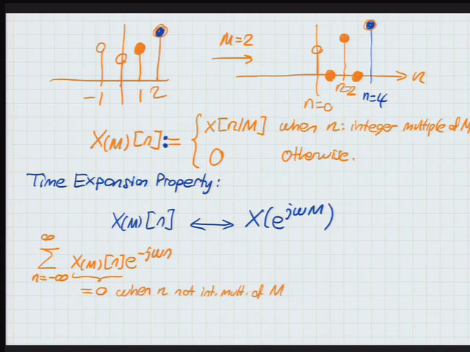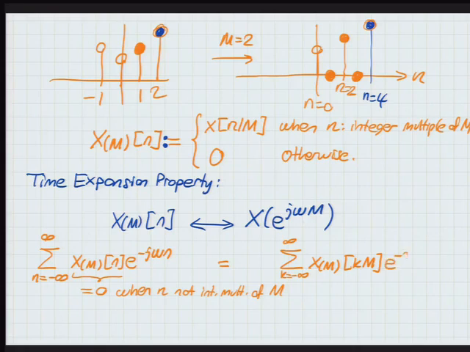So, even though we have the sum, a lot of the entries of this sum will be 0. So we might as well count over the non-zero entries. And we can do that by counting over a new index k, negative infinity to infinity, at k times M, right? So I'm just going to substitute k M for little n, because when little n is not k times M for some integer k, it is 0. So I'm not losing anything by writing it in this form, okay?